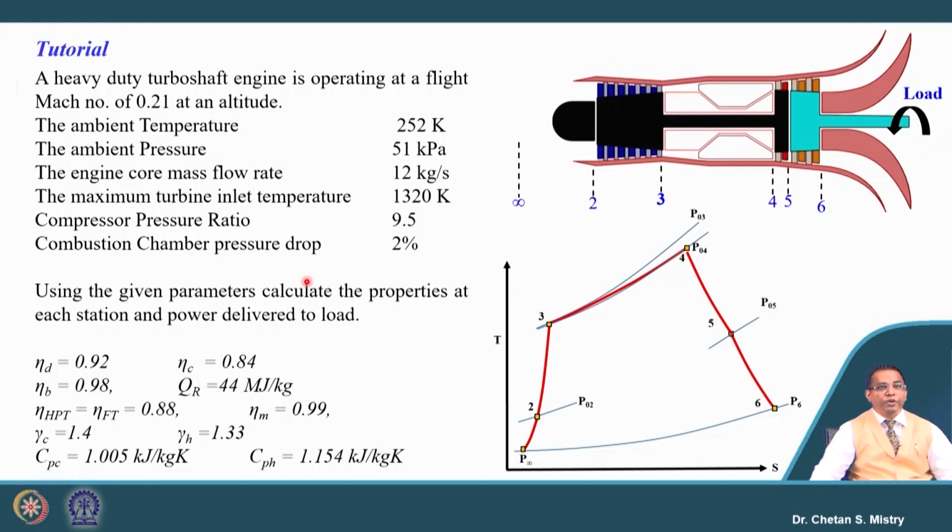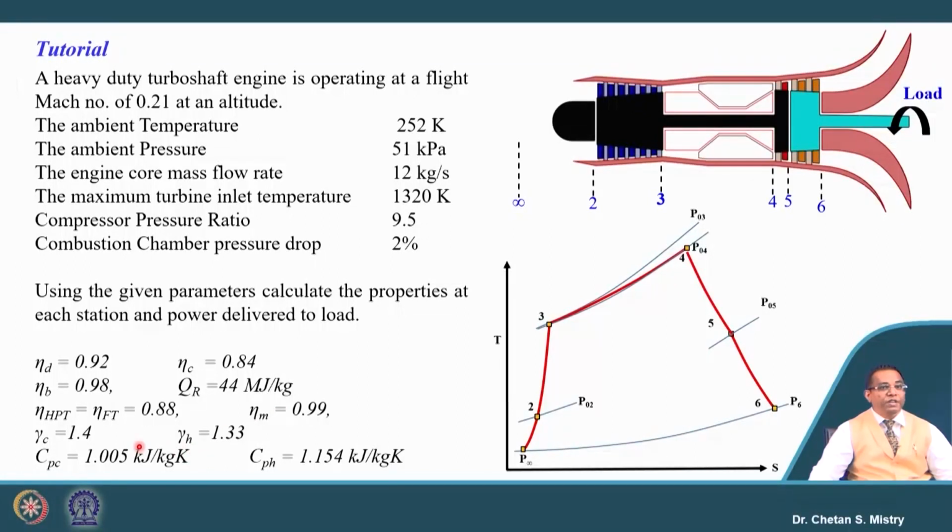There is a pressure drop of 2% in the combustion chamber, and different efficiency values are given. Diffuser efficiency is 92%, compressor efficiency is 84%, burner efficiency 98%, calorific value is 44 megajoule per kg, and turbine efficiency is 88%, considering a mechanical efficiency of 99%.